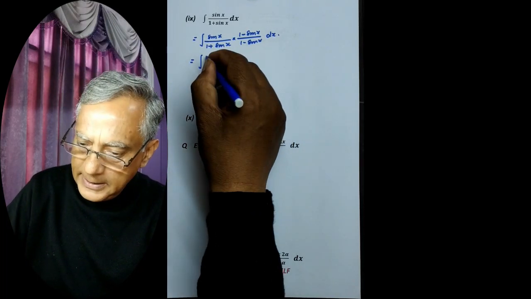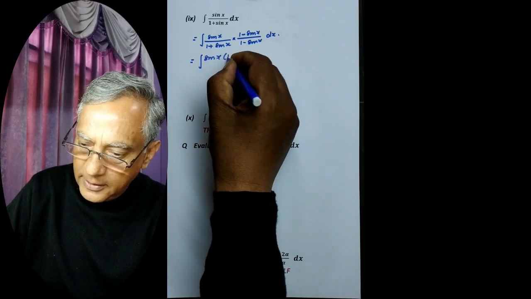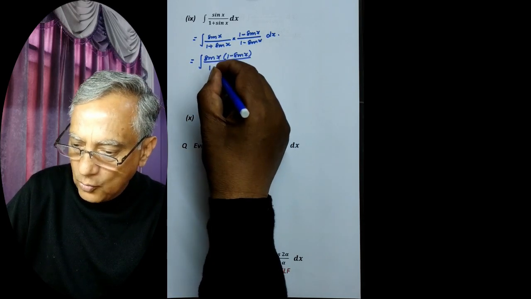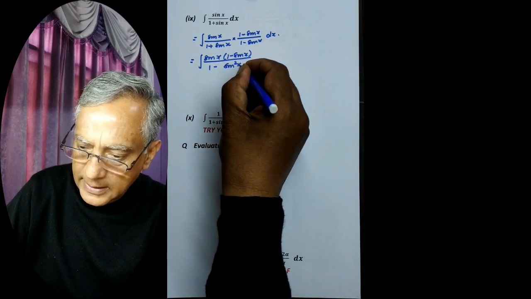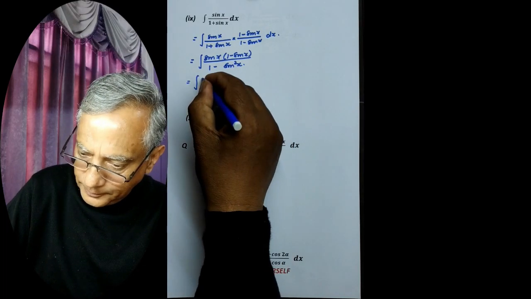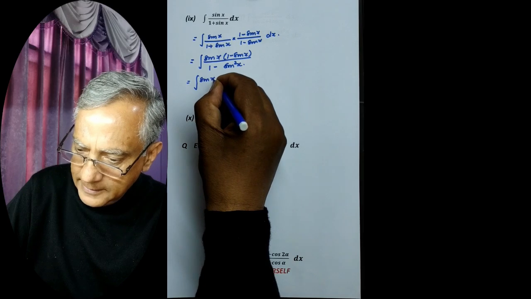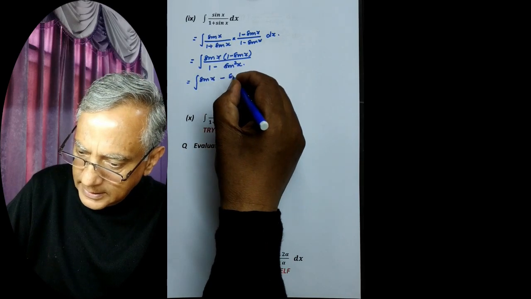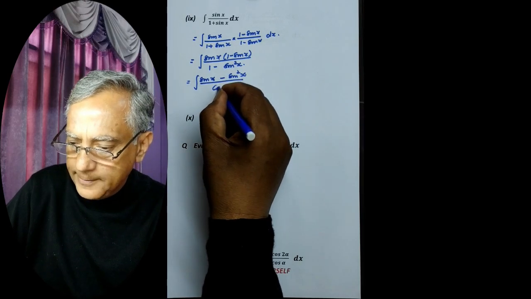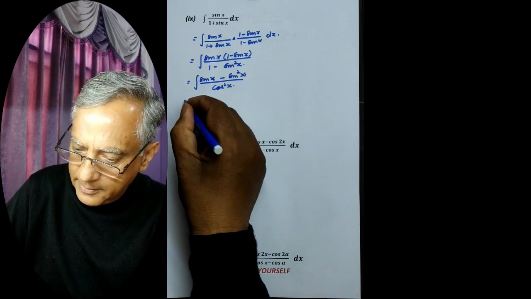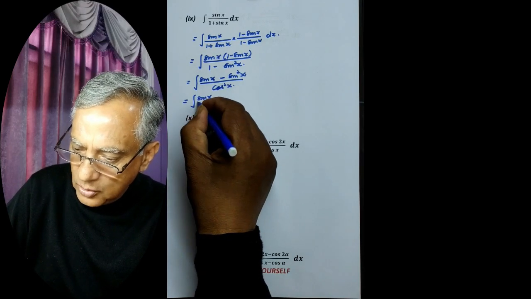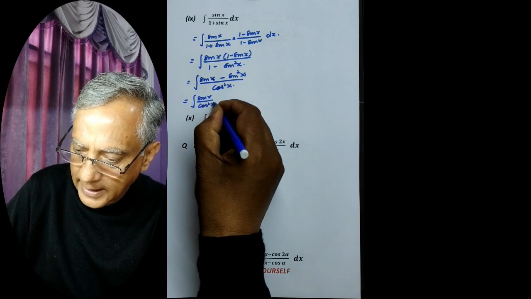So we will take cos square x below each term, and this will be separated. This can be written as sin x into 1 minus sin x whole divided by 1 minus sin square x, and this is equal to integral of sin x minus sin square x whole divided by cos square x, and this can be written as integral of sin x over cos square x dx.